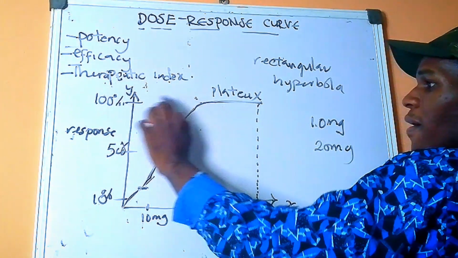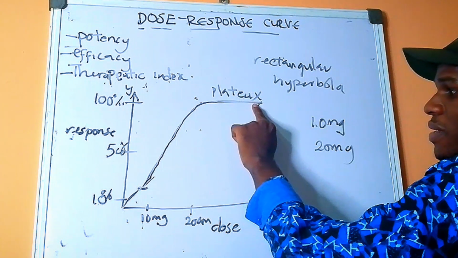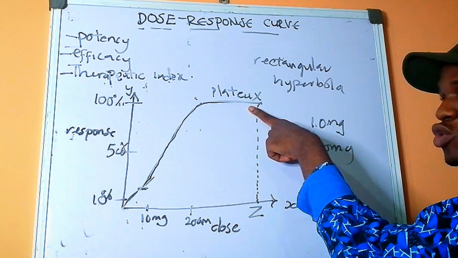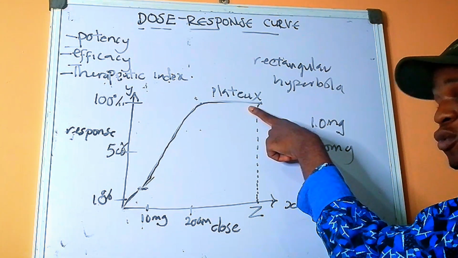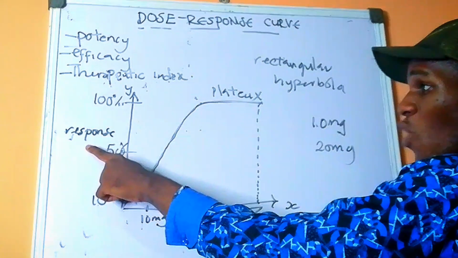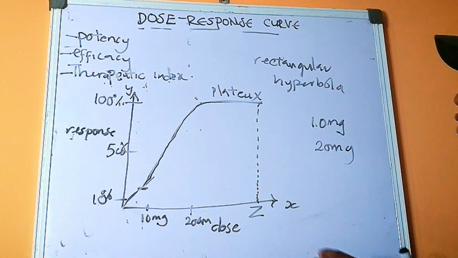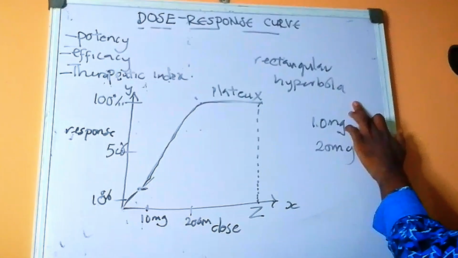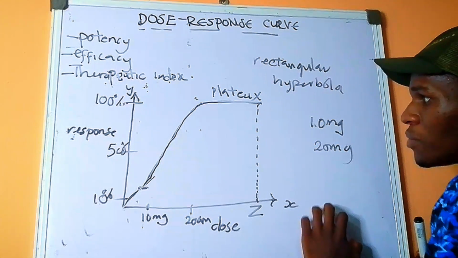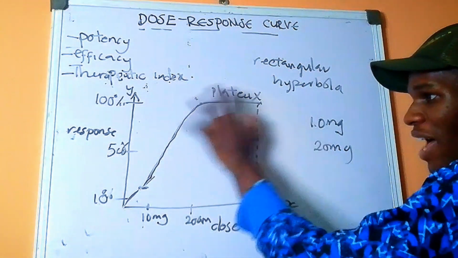So that is why we have this plateau. Any additional dose would not cause any increase in response or effects. So this is a rectangular hyperbola graph, and it's quite a simplified diagram.